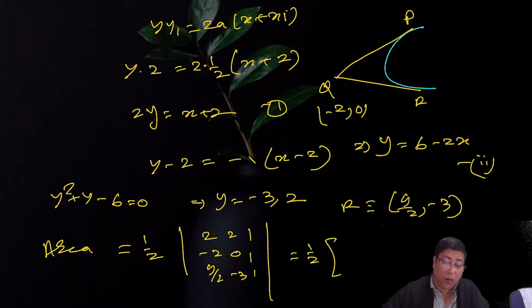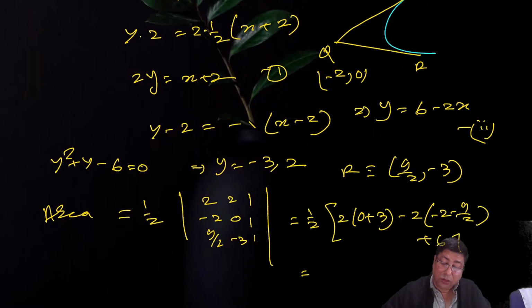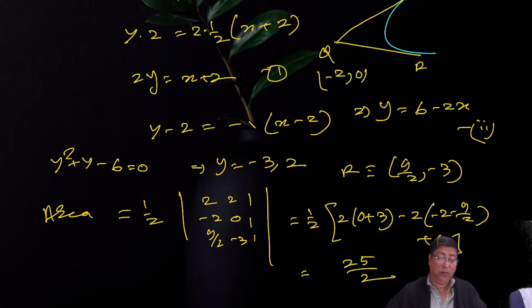So, half 2 into 0 plus 3, minus 2 into minus 2 minus 9 by 2 plus 6. What is coming this result? So, we are getting 2 into 3, 6, 9 by 2 plus 2, 4.5 plus 2, 6.5, 13 by 2, plus 6, it means 25 by 2 is the final answer.